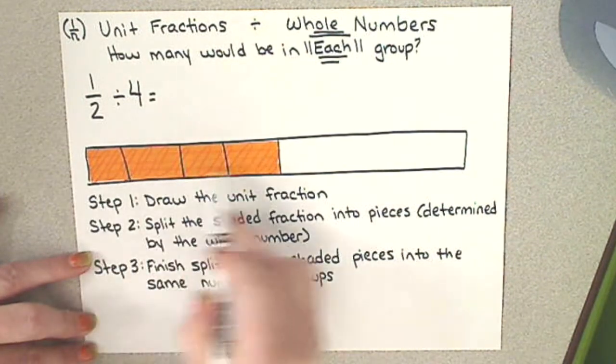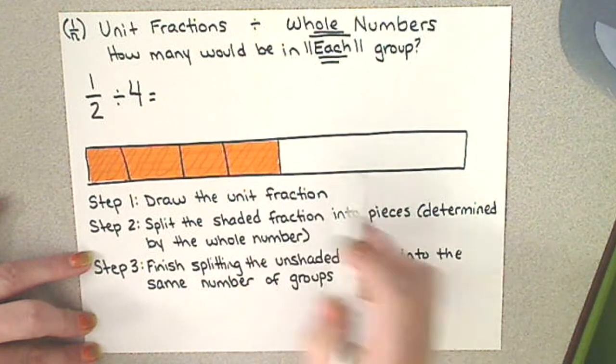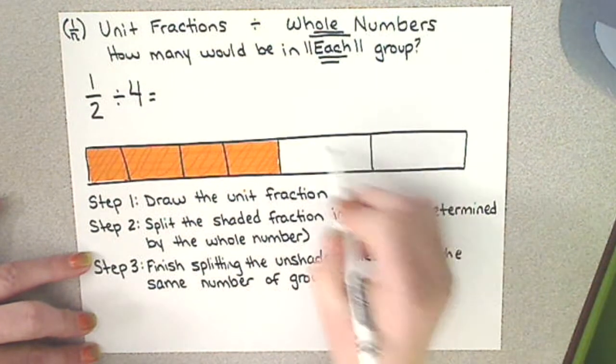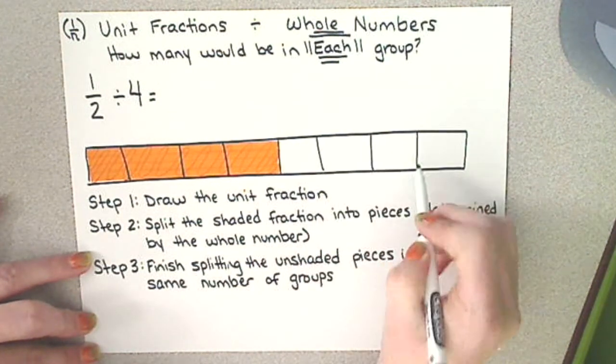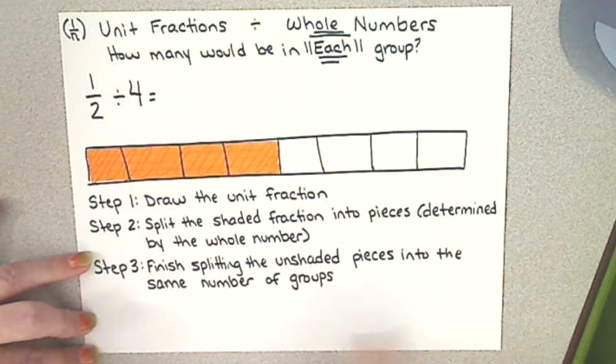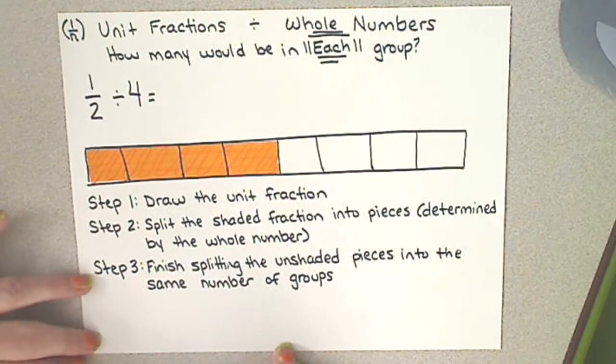Okay, so if I split this into 4, I need to split this into 4. So I've now taken my 1/2 and I've turned it into 8ths.